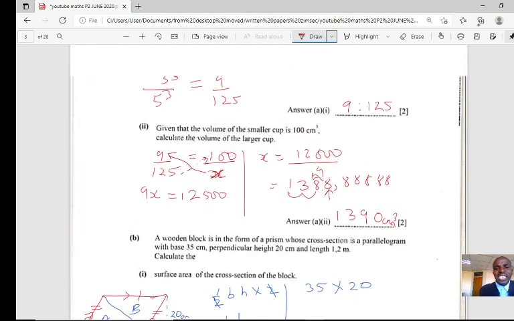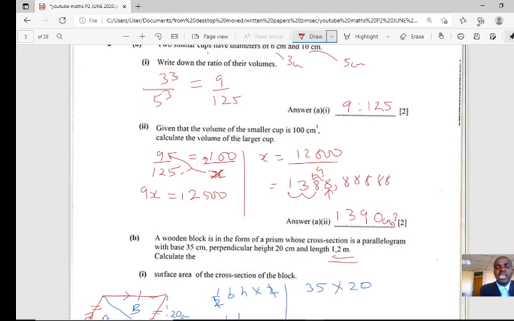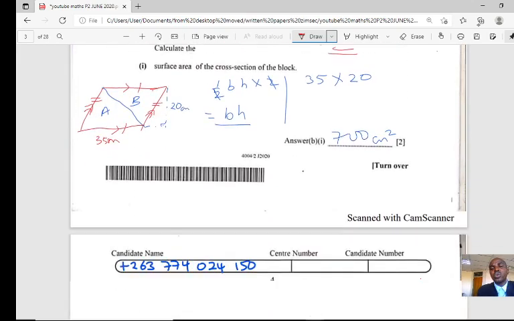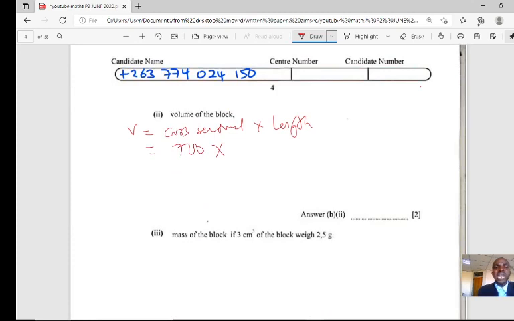Take note, our length here is 1.2 meters, but it's given in meters. Our area, we found in square centimeters. So please don't get confused. The units must be the same. So we convert 1.2 meters to centimeters. 1 meter is 100 centimeters. So 1.2 meters is 120 centimeters. Then if you multiply, what do you get? You get 84,000.